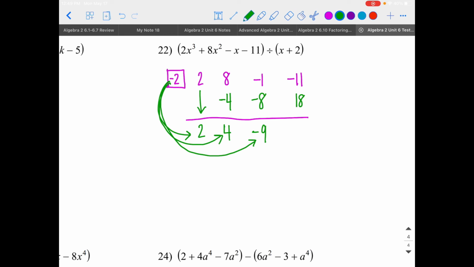Then we add 7. Now in the notes, we learned kind of how to write this out as our answer. But on the test, it only says what is the remainder. So if this was your question, you would select 7. Because 7, that very last number, that is your remainder. So you would only answer 7 if this was on the test.